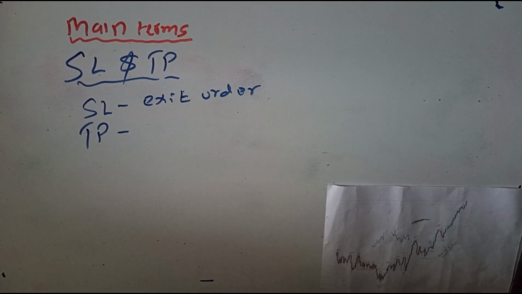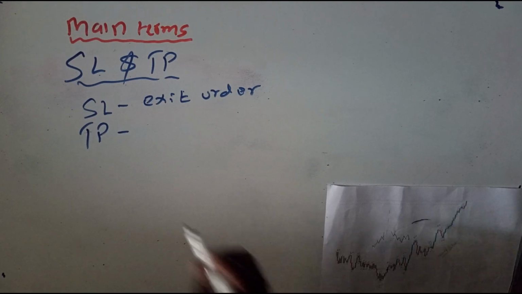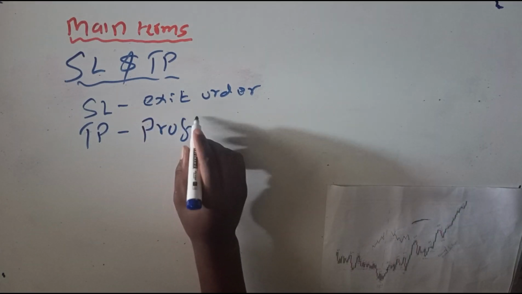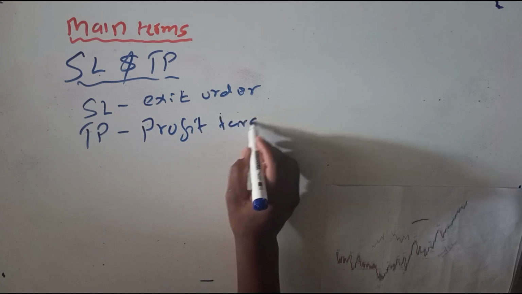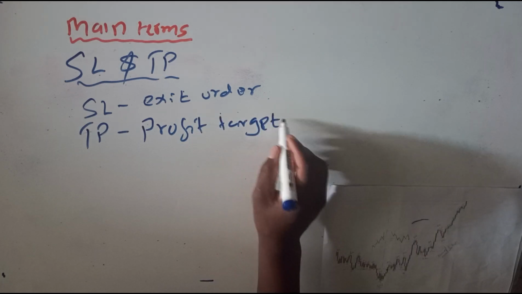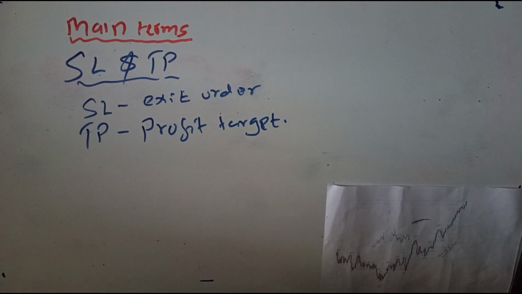So take profit is a profit target. You need to place a take profit at a level you expect the prices to reach. It is often the previous high if it is a buy, and take profit will be above the current price if you buy; if you sell, it will be below it.